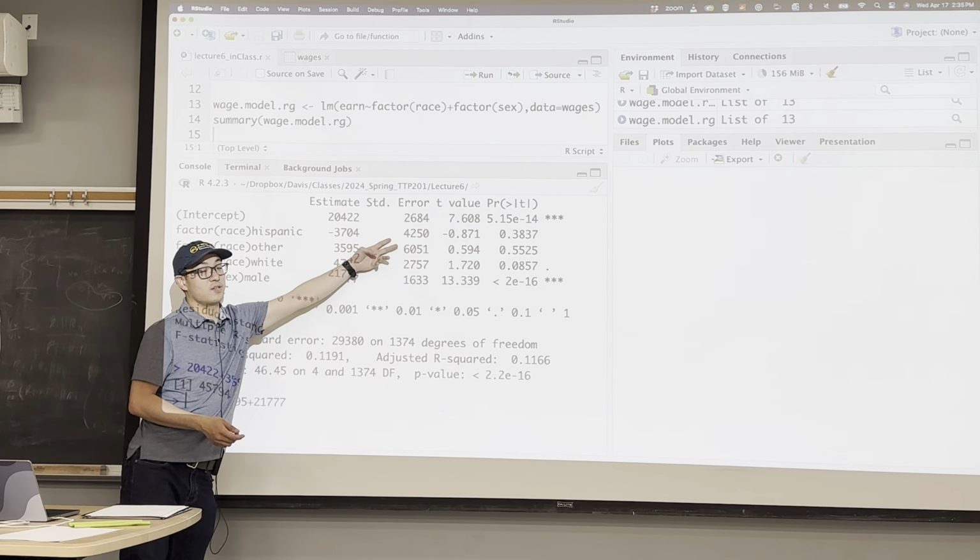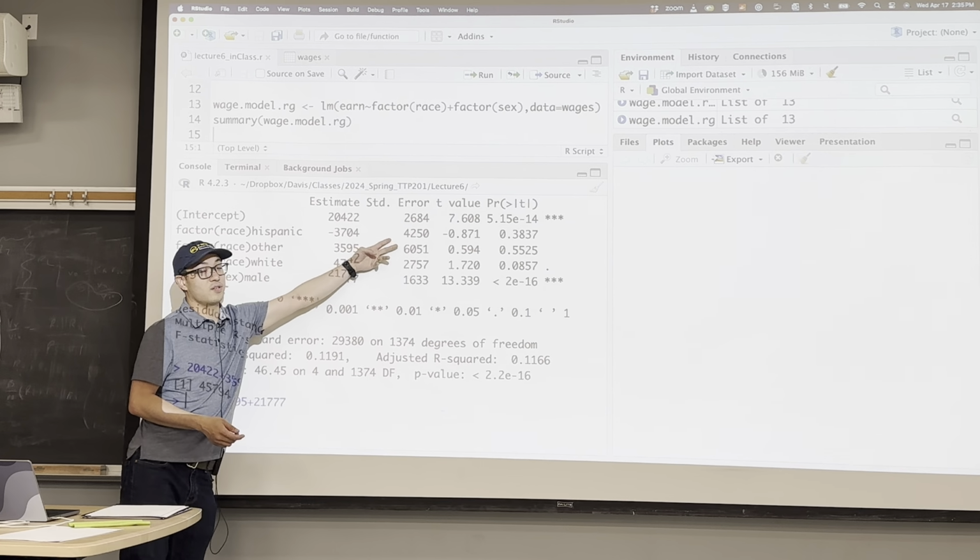So, any questions about that? Yes? If we interpret this, can we say that if a person is black and female, the race doesn't matter, only the gender matters? No. The race does matter because the race determines where you are.